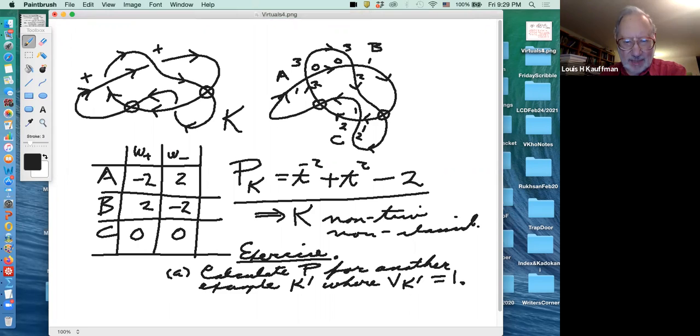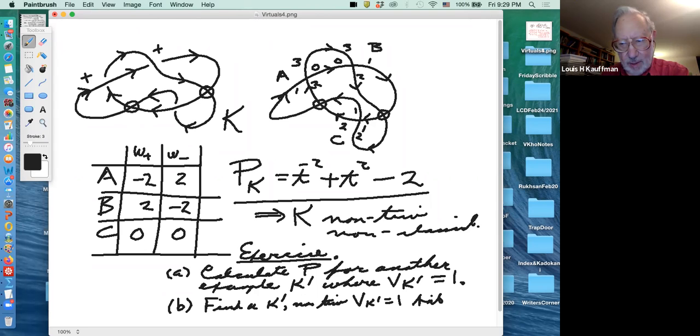If P does detect it, then you probably don't have to do exercise part B, but exercise part B is to find a K prime, non-trivial, with V_K prime equal to 1, but P_K prime equal to 0. There are examples where the fact that they are non-trivial virtuals is not seen by the invariant P.